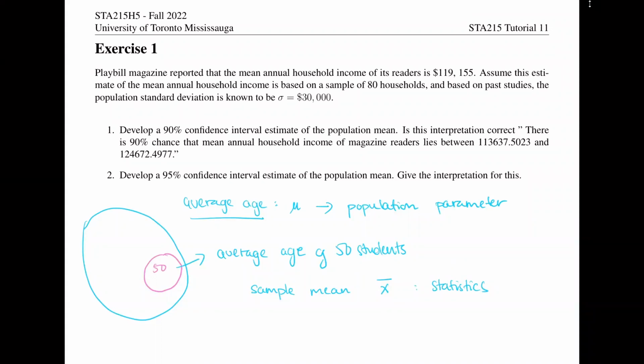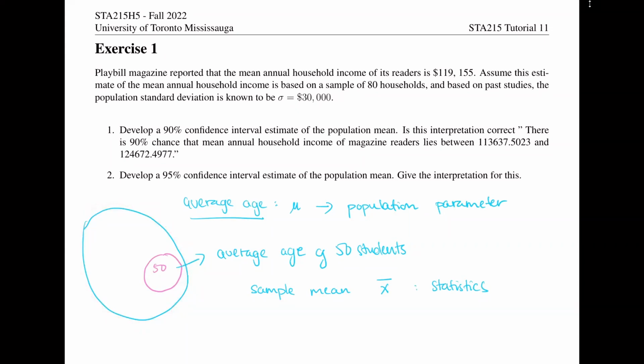So distinguish between the population parameter and a statistic. A statistic is what you calculate from your sample, whereas the population parameter is kind of a truth, because if you have all UTM undergrad students, then there is only one single value for their average age.